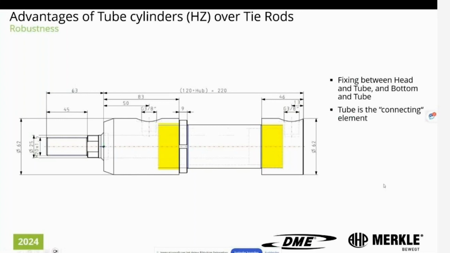It's a tube that also a tie rod has, but instead of having the tie rods, we thread the front and the rear part, so it has a bigger connection between the tube and the front and rear part.